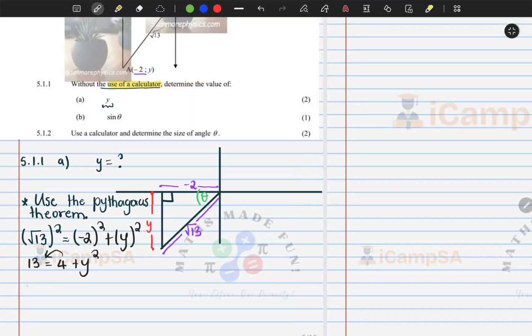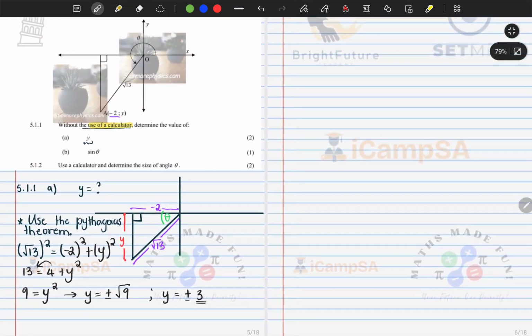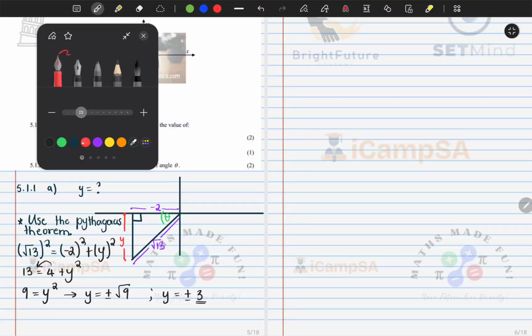We can transpose the 4 such that we end up having 13 minus 4, which will give you 9. And if you think carefully about this, your y will be plus or minus the square root of 9, which means y will be plus or minus 3. Now we need to choose the y that applies to the case we are looking at.